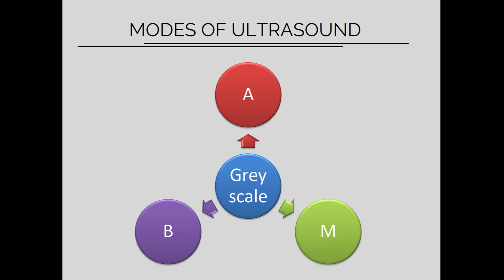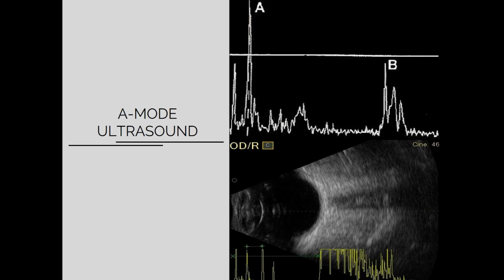Then there is another very important concept about the modes of the ultrasound. Basically there are two main modes, the grayscale mode and the Doppler mode. Here we will be talking about the grayscale mode. In grayscale mode there are three main types, A, B and M. A mode is basically for amplitude. A stands for amplitude.